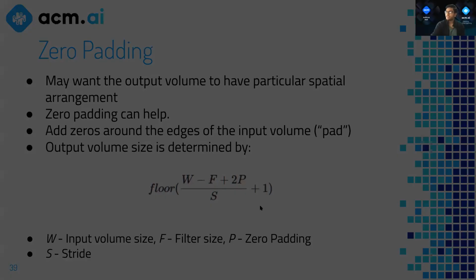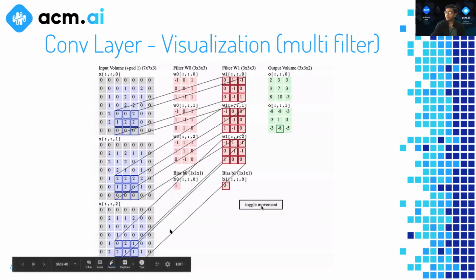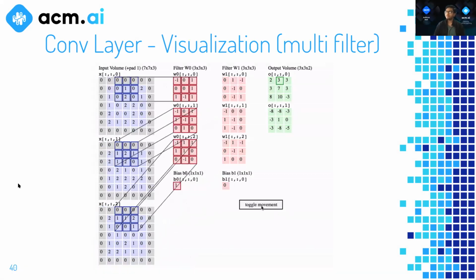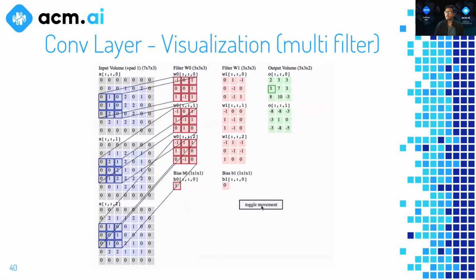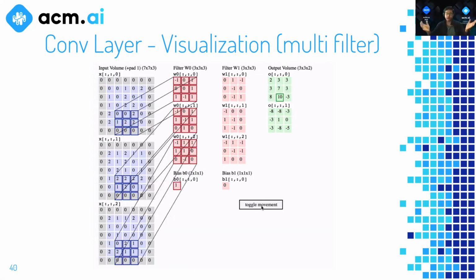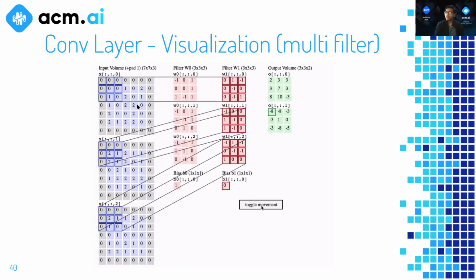So honestly, this is one of the best visualizations you can get for a convolutional layer. As we discussed, we have zero padding that goes around the input volume.